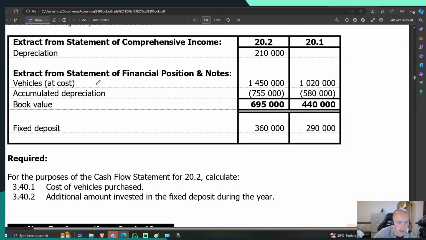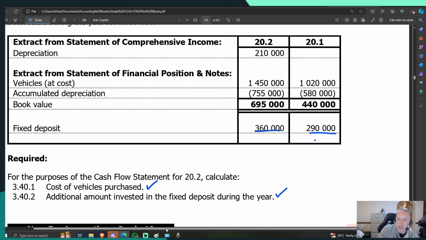Task 3.40 says, calculate the cost of vehicles purchased, again, and calculate the amount invested in the fixed deposit during the year, again. Let's do the fixed deposit first, because that's easy. At the beginning of the year it was 290. At the end of the year it was 360.